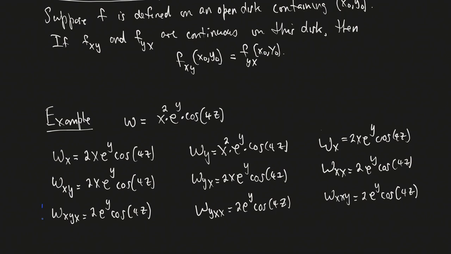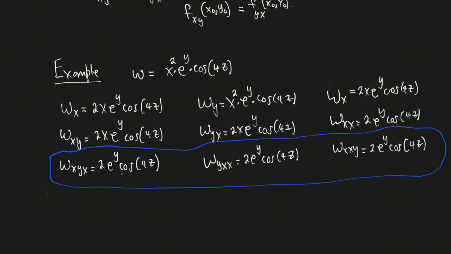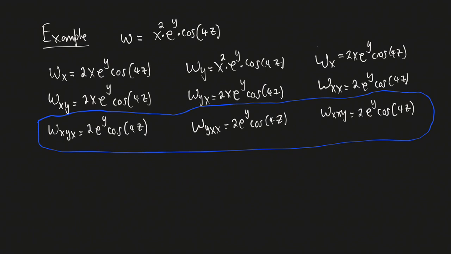So again, this is just illustrating what Clairaut says. If your mixed partials are continuous, then the order in which you compute the partial derivatives will not affect the result. So again, just to extend it, I'm not going to actually do it, I'm just going to write this down symbolically. Let's say q is a function of x, y, z, and w.